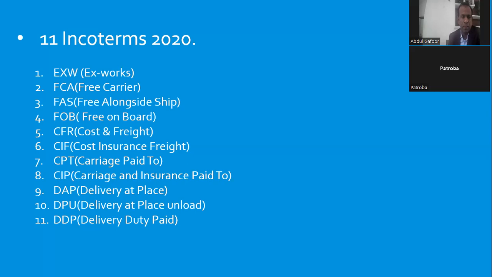Okay. Then CIP. Like CFR and CIF, CIP is everything the same, but you are also providing the insurance. Here you remember the insurance clause: the task, cost, and risk are the same, but here it is not just without insurance. Here he agreed, I will cover the insurance with the Institute Clause.